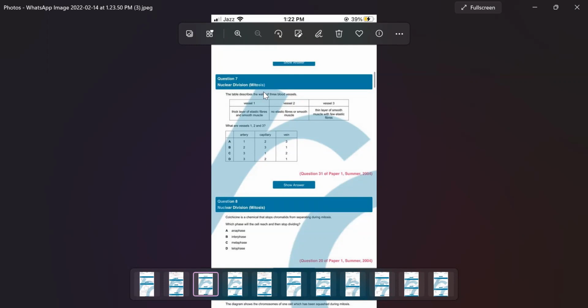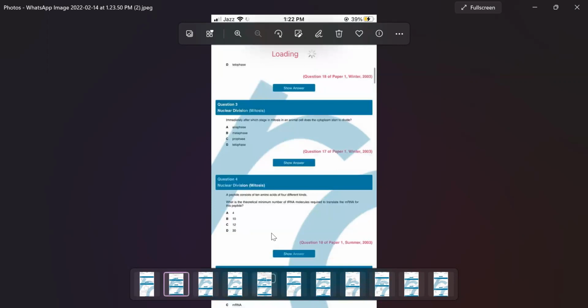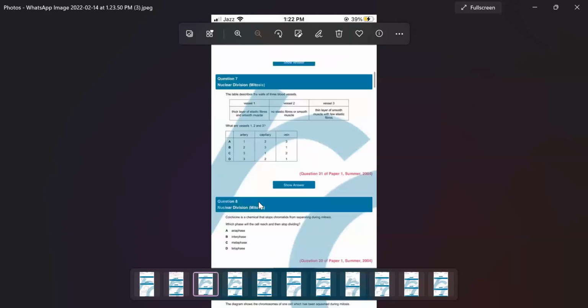Okay. Now the next one is no elastic fibers or smooth muscle. So do you see we're supposed to comprehend it as we go, not at the end, because once we reach the end and we haven't comprehended it, the question looks very tough, even though it isn't. Just like the previous one. If you did not comprehend this one statement and moved on, then you wouldn't be able to answer it. So comprehend this.